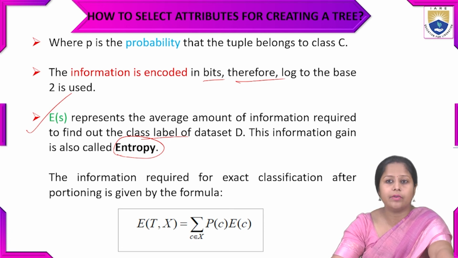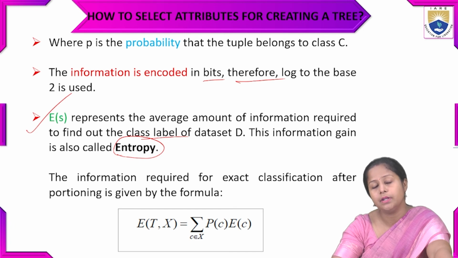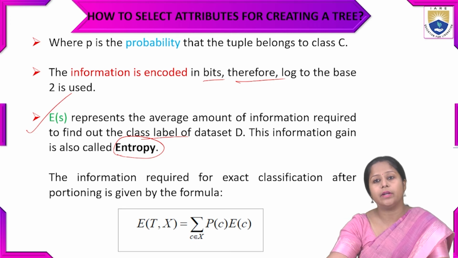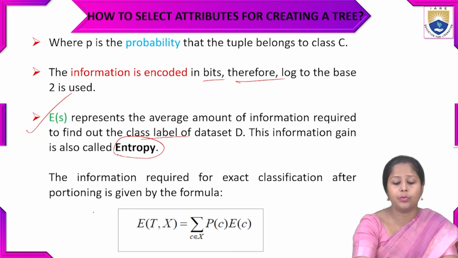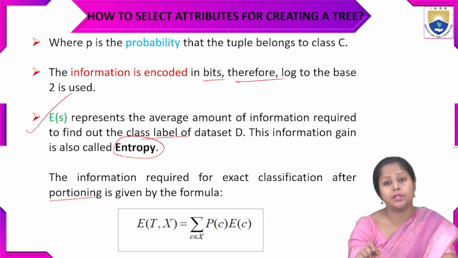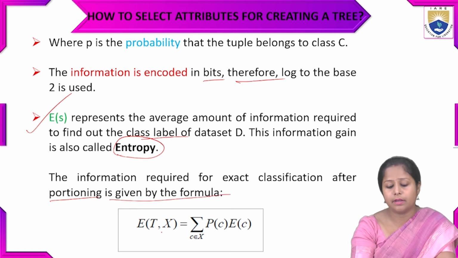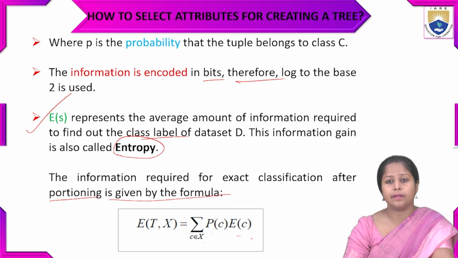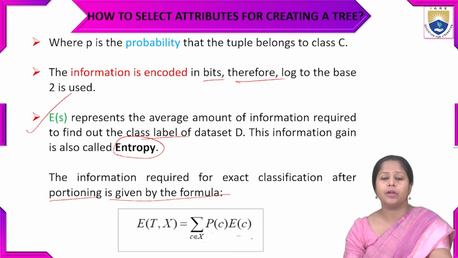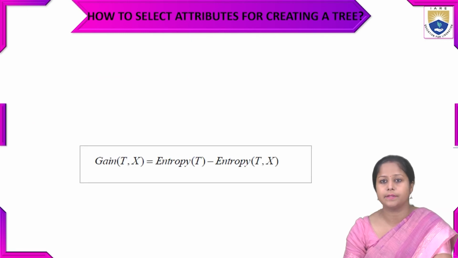That was the whole information. But the information required for the exact classification after the partitioning is given by the formula E(T, x) equal to the summation of P(c) times E(c). We use this formula after partitioning of the different nodes or tuples.